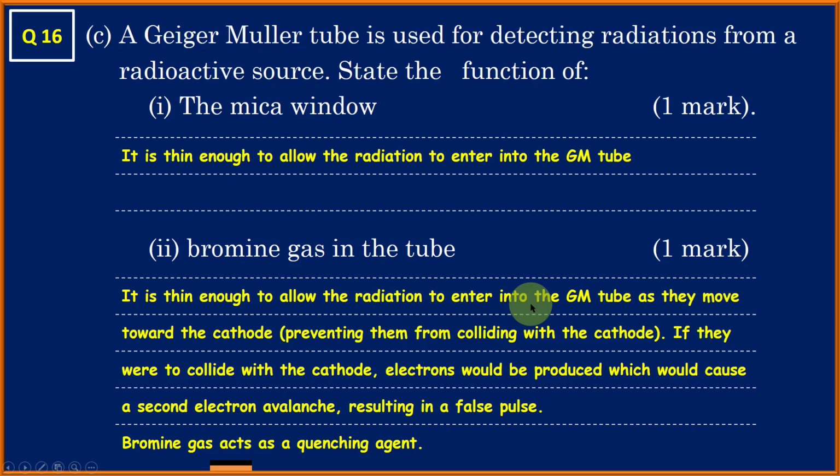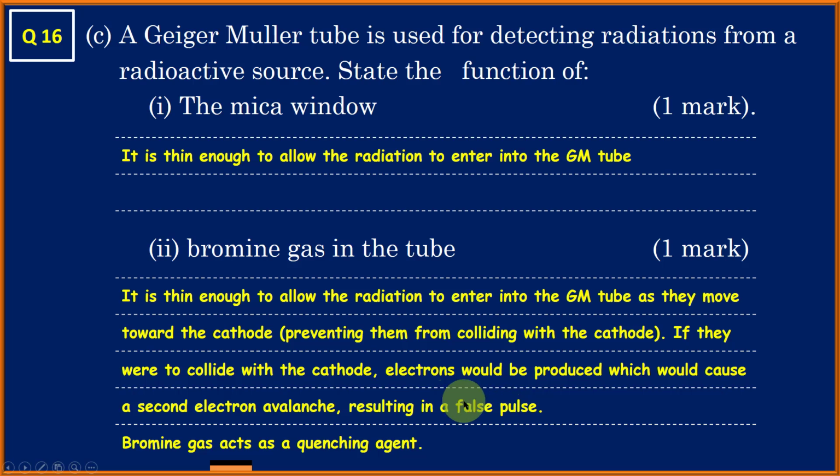Now, if these ions were to collide with the cathode, positively charged ions will move towards the negatively charged part of the GM tube. If they were to collide with the cathode, electrons would be produced, which would cause a second electron avalanche, resulting in a false pulse.